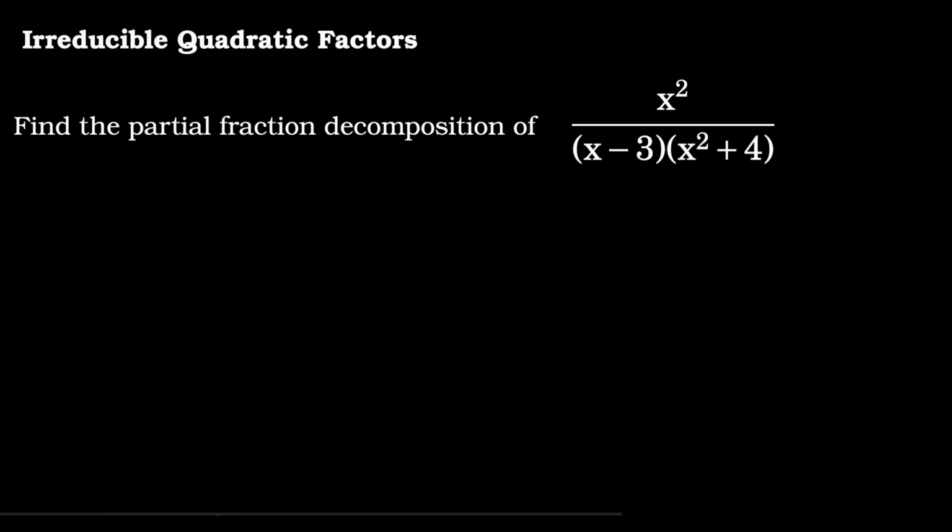Now the third case is when you have irreducible quadratic factors. So what does that mean? Take for instance x squared plus 2 equals 0. This is going to have a complex number as the root. That is, you're going to have x equals plus or minus the square root of negative 2. This is a complex number.